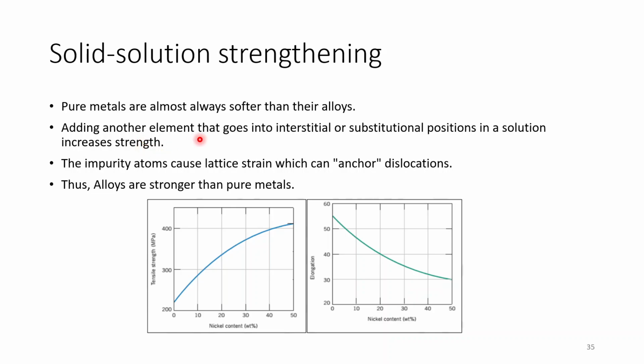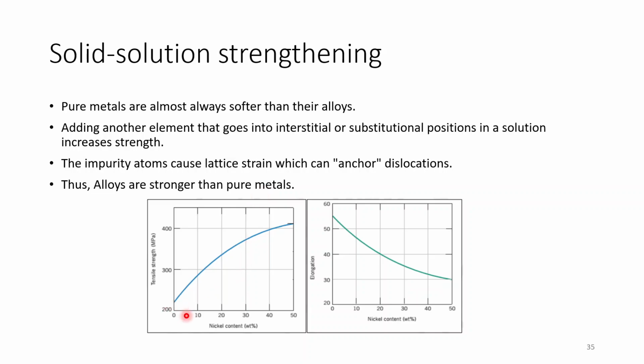So adding another element which goes into either an interstitial or substitutional position increases strength. The impurity atoms cause lattice strain which can anchor dislocations, so they interact with the dislocations. That's why alloys are stronger compared to pure metals.